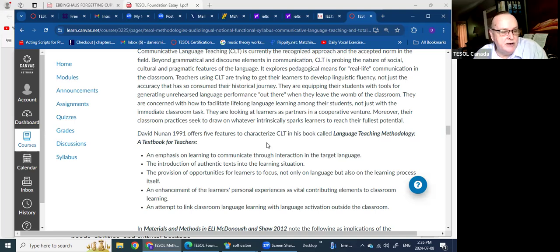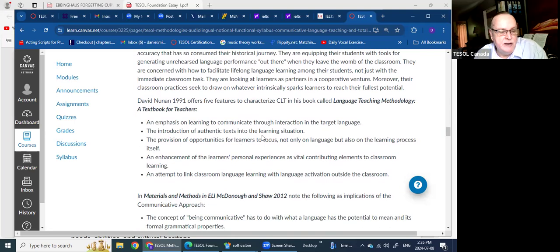David Nunan in 1991 offers 5 features characteristic of CLT in his book Language Teaching Methodology, a textbook for teachers.